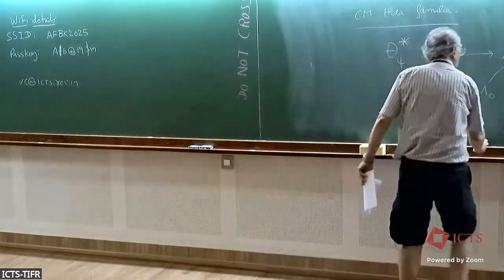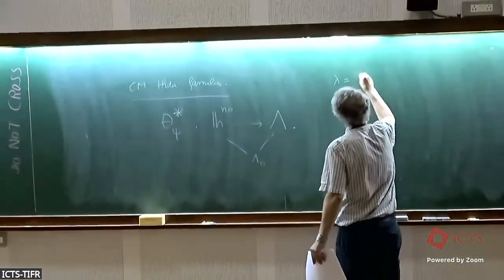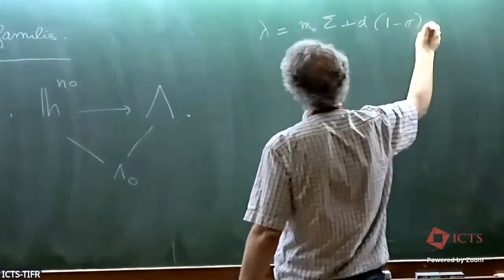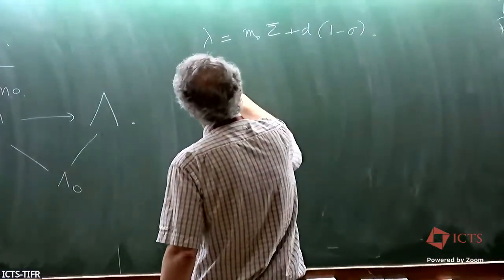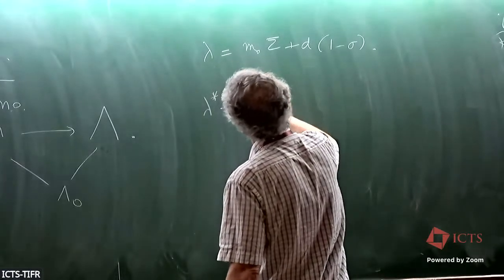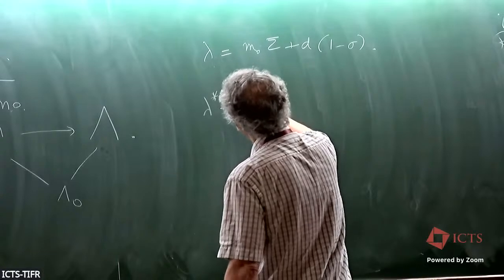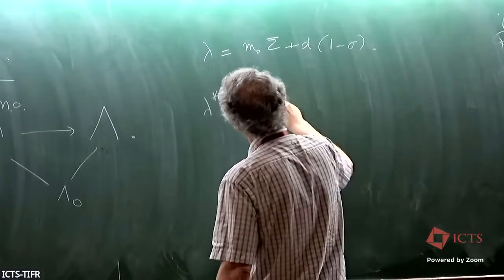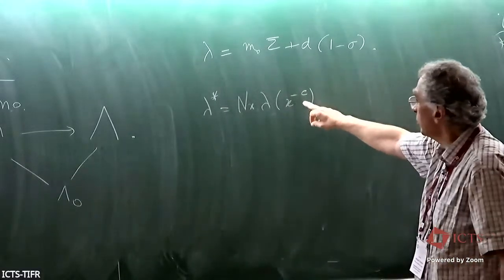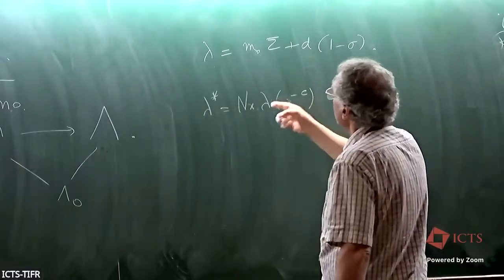So you had lambda, which was M0 sigma plus D times 1 minus sigma, and lambda star, I'm not sure I can remember everything, but lambda star is basically norm of x times lambda of x minus c.